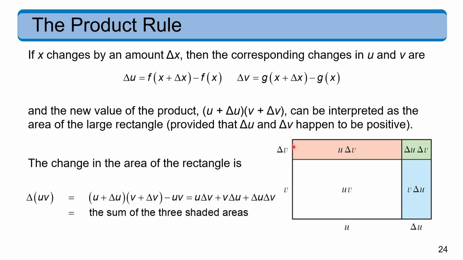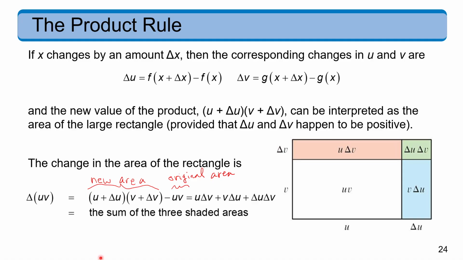Now the area is this bigger rectangle. So let's find how much the bigger rectangle changed. So this delta uv means the change in the product. So what we do is we take the new area, let me label that. This is the area of the bigger rectangle after the increment, minus the original area before we changed x.